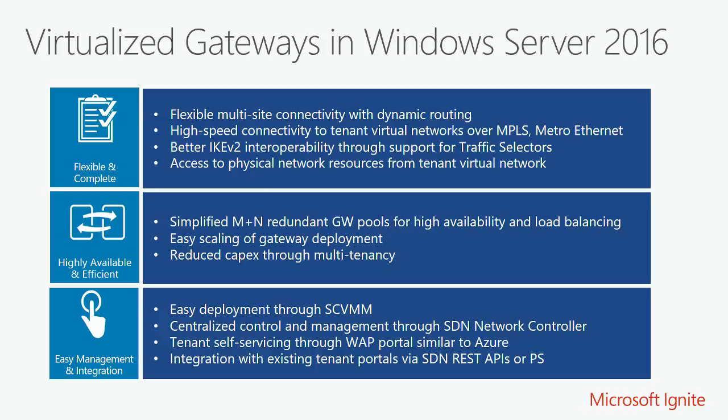And as and when you have more tenants added, based on your load, the Azure Stack admin or the service admin could add more gateways, and that's the M+N configuration. If one of the gateways fails, the remaining gateways can still take care of the load.